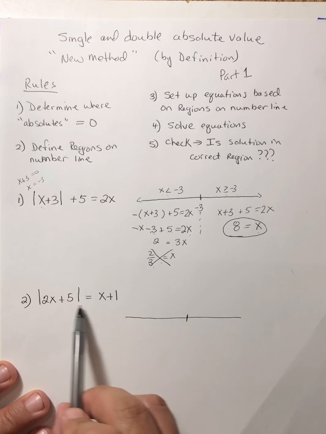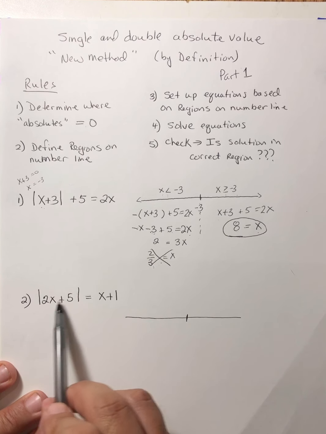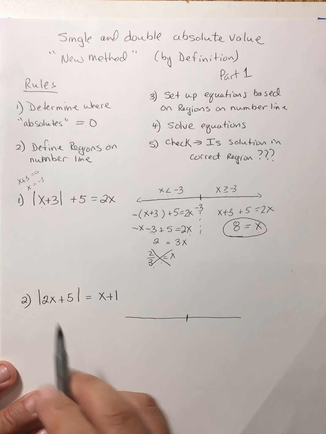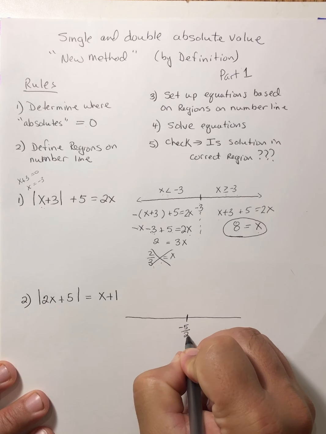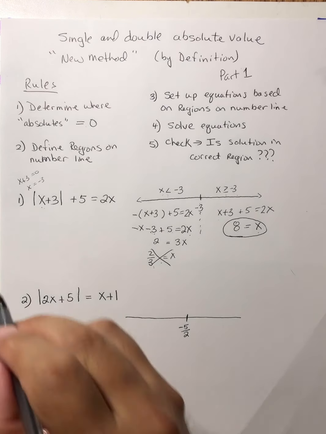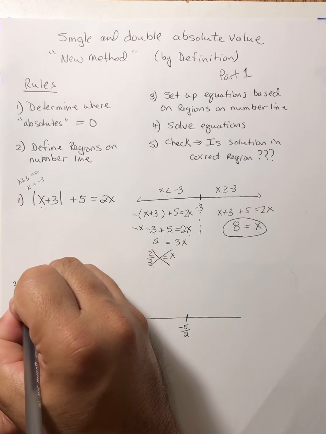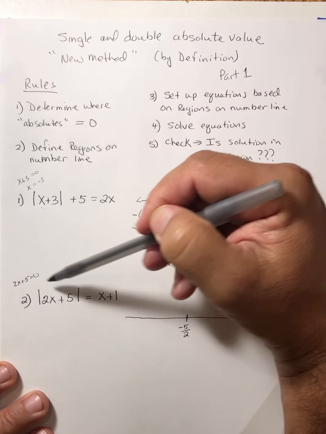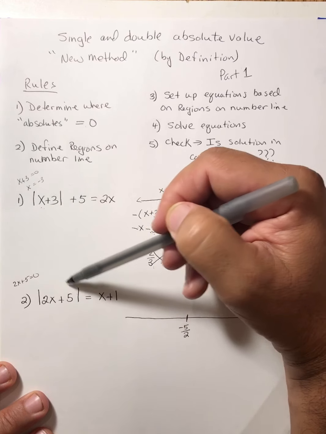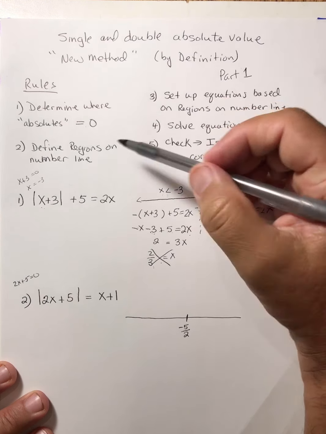First of all, I got to know when does this equal 0? Hopefully you can do that in your head, and you're going to see that it's -5/2. If you're not sure, determine where this absolute is equal to 0. There it is right there. 2x plus 5 equals 0. You get left with -5/2.